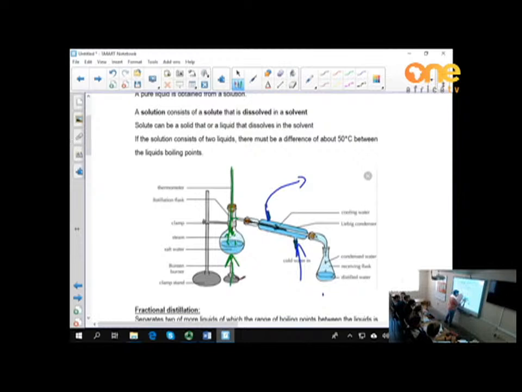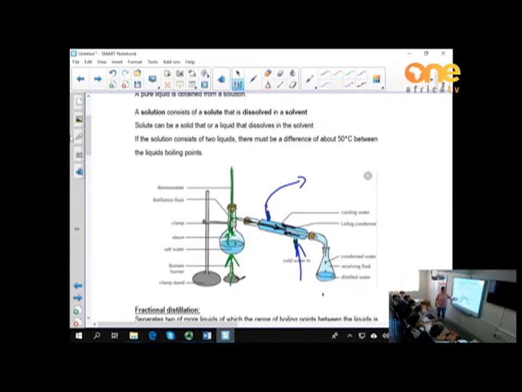As the warm vapor comes down the tube, the cold water is circulated in the opposite direction. It allows for a longer time of contact with fresh cold water to exchange the heat effectively. So always cold water in at the bottom, and the warmer water is circulated out at the top.